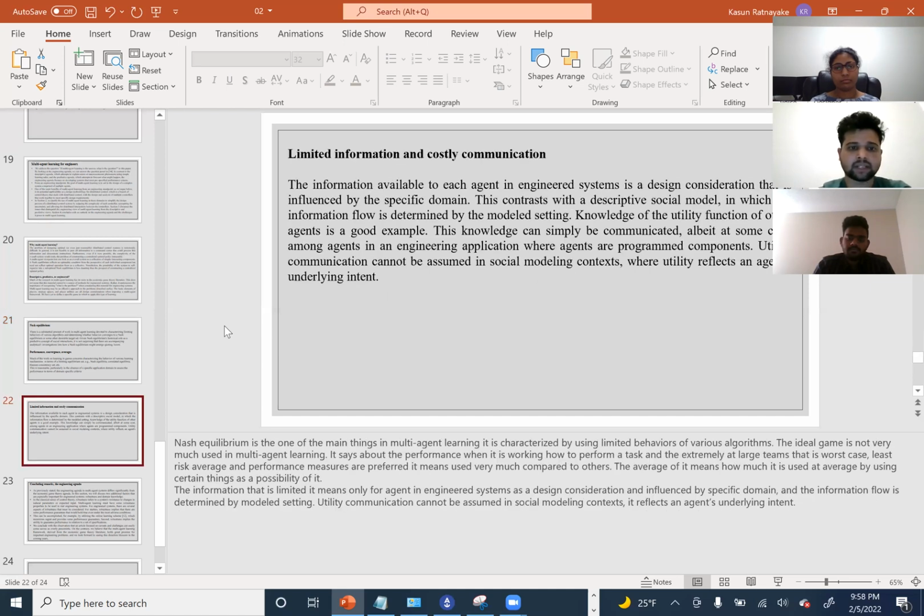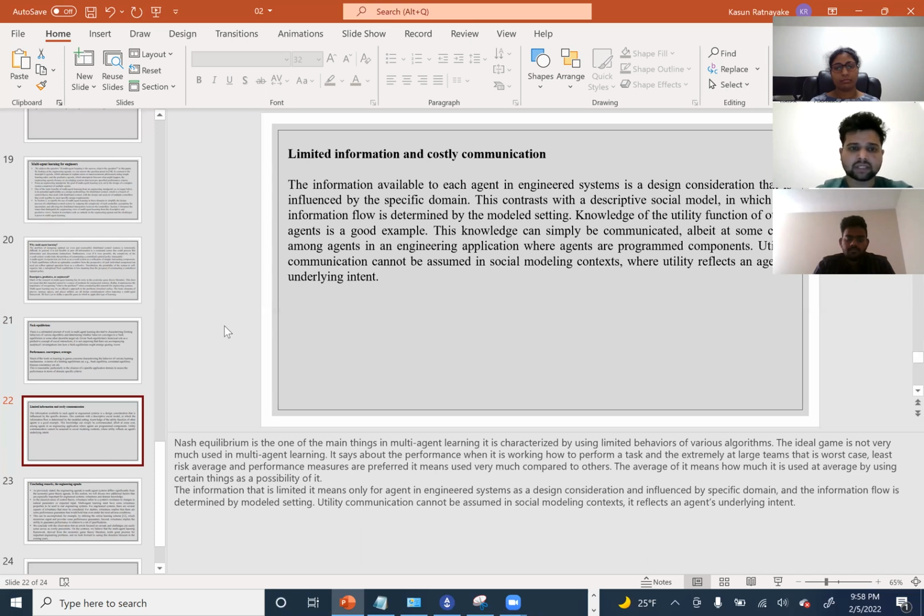And coming to limited information and costly communication, Nash equilibrium is one of the main things in multi-agent learning. It is characterized by using the limited behaviors of various algorithms. The ideal game is not very easy, and it is mainly used in multi-agent learning, in the worst or least-risk case, for large teams.